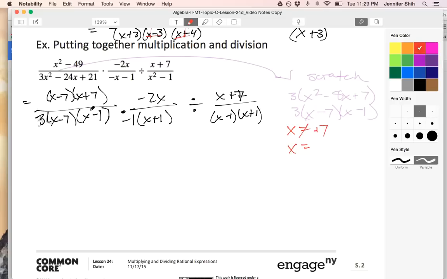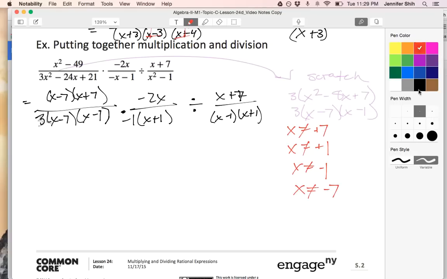X cannot equal positive 1. It cannot equal negative 1. And it cannot equal positive 1. Have that one already. And negative 1. We have that one already. And the numerator of the divisor, x cannot equal negative 7 either.